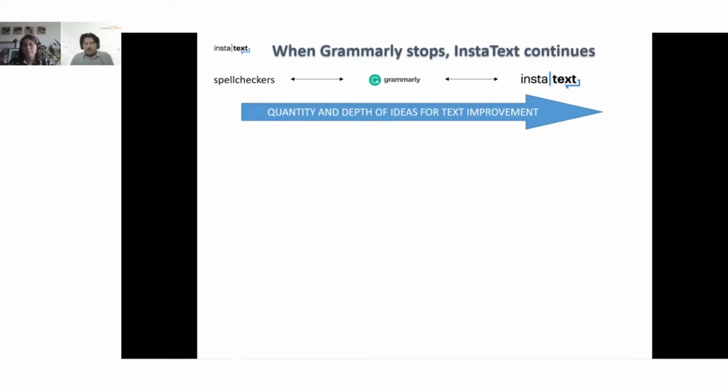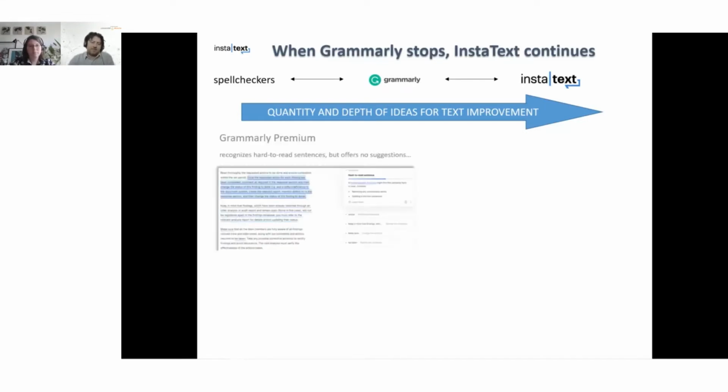Users who use both tools say that these are different tools. Grammarly will take care of grammar, but InstaText goes deeper and shows stronger ideas for text improvements, and is capable of rewriting entire sentences or even entire paragraphs to maximize readability. So it's a different purpose, a different tool.